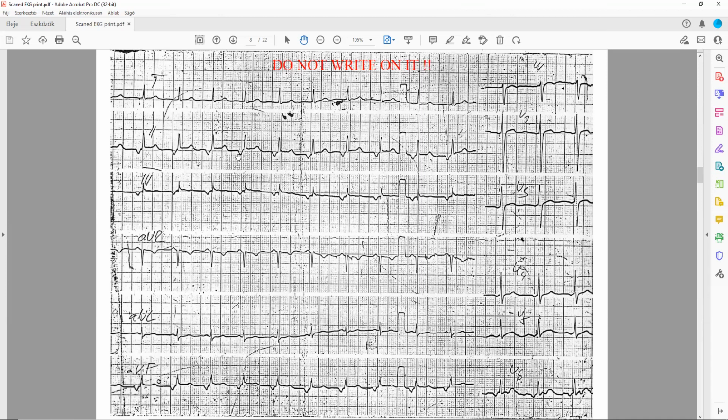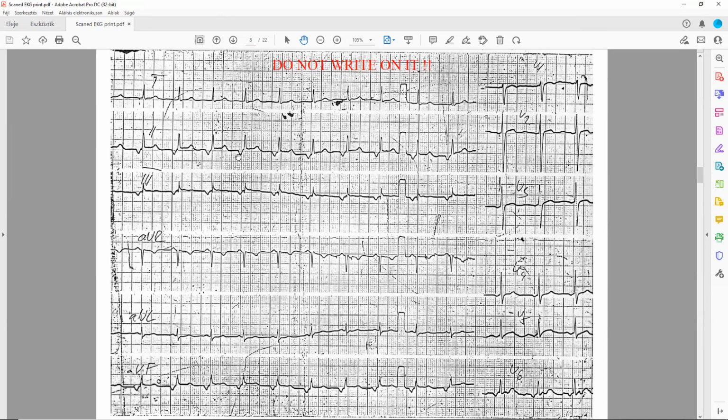And this is 90. What does it indicate? It's tachycardia. Well, no, it's not a tachycardia, which is over 100. This is less than 100.